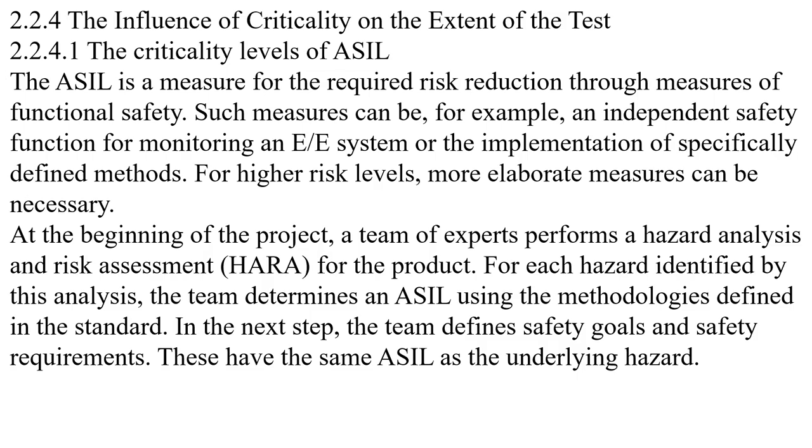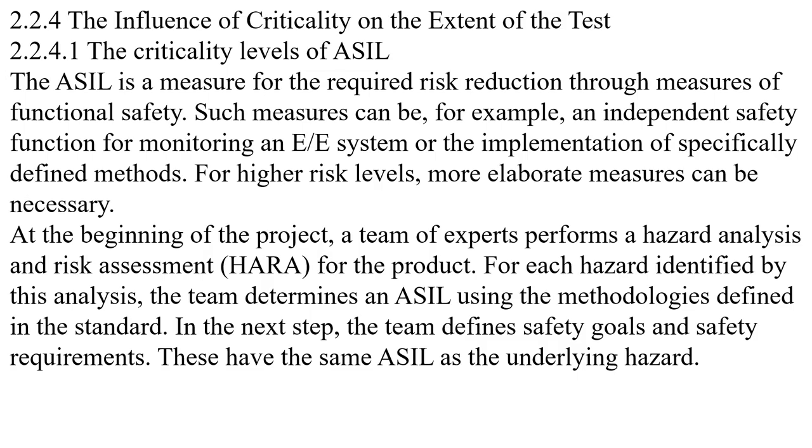At the beginning of the process, a team of experts performs a hazard analysis and risk assessment for the product. For each hazard identified by this analysis, the team determines an ASIL using the methodologies defined in the standard.